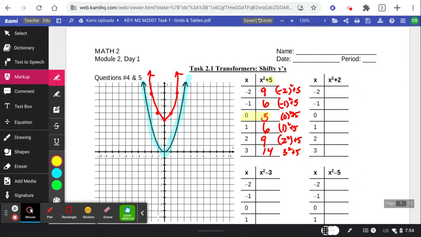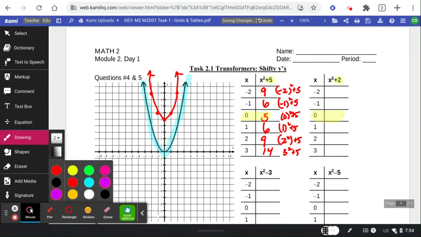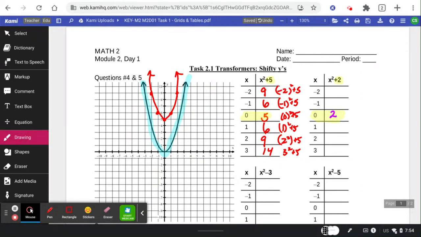Notice here for this one that I've got a plus 2. And we also are starting to recognize that that's going to be my 0 term. 0 squared plus 2 is just going to be 2. So let's go plug in the values. Negative 2 squared is 4. 4 plus 2. Negative 1 squared is 1 plus 2. 1 squared is 1 plus 2. 4 plus 2. 9 plus 2.